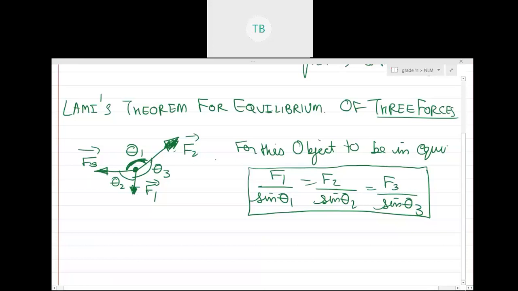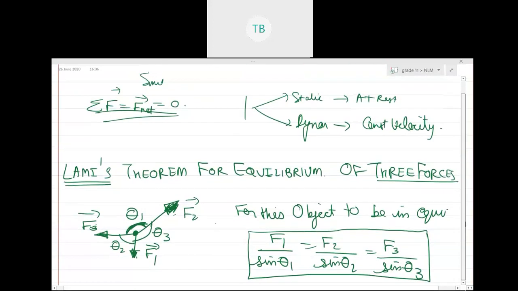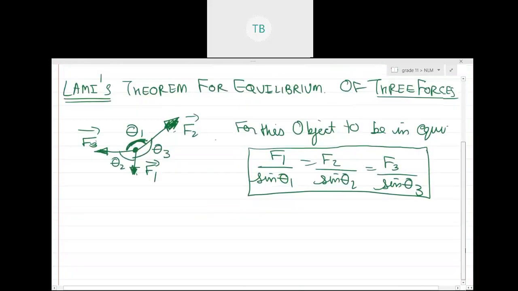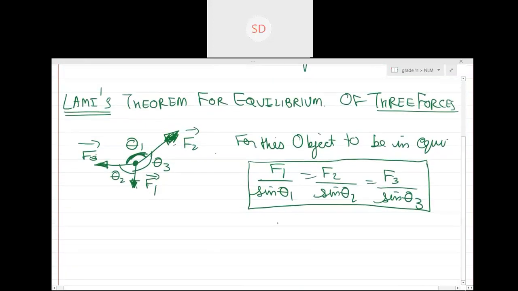The angle opposite to F1, between F2 and F3, is named theta 1. Similarly for F2, F3 and F1 it is theta 2, and for F3, F1 and F2 it is theta 3. Please note the angles carefully. That was just revision, no need to write it. Okay, starting from here.